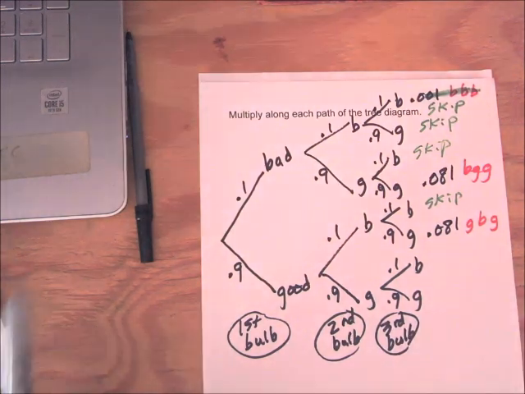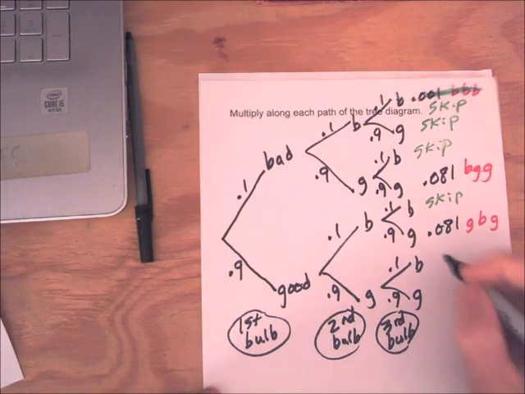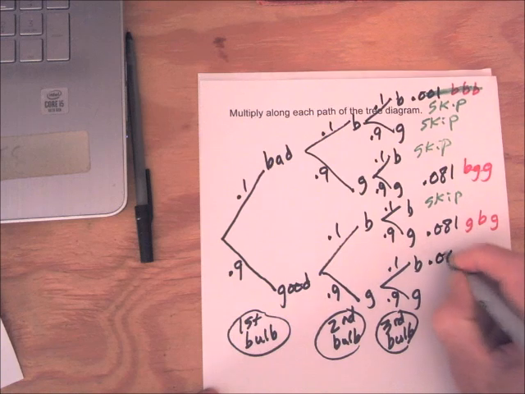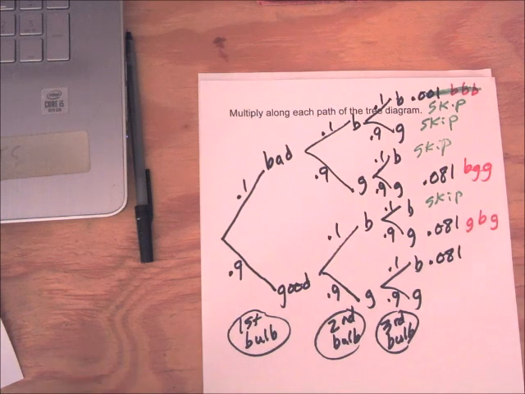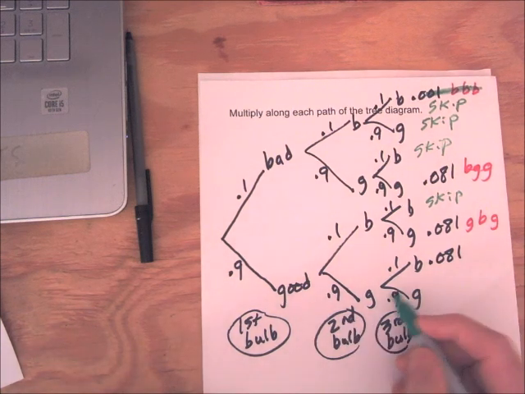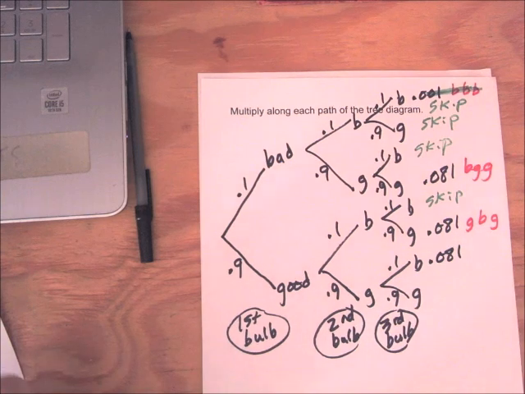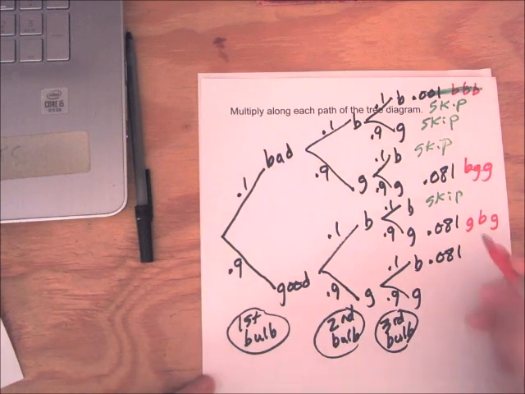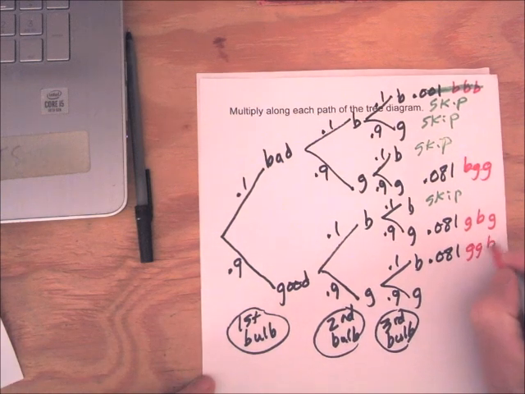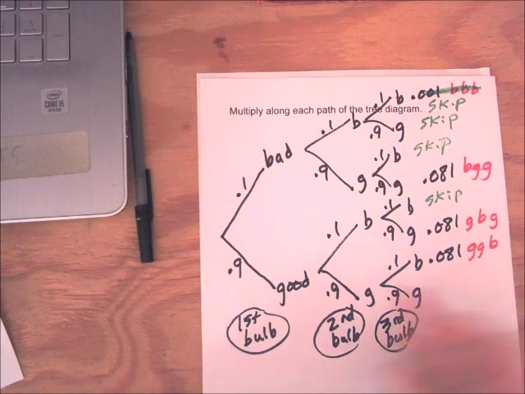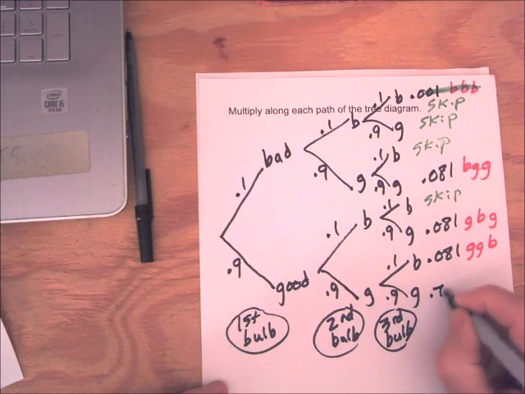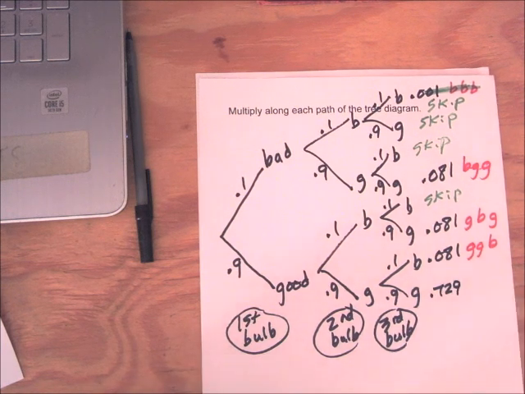Again, that's going to be 0.081. And then the last path, 0.9 times 0.9 times 0.9. It's going to be 0.729. That's good, good, good.